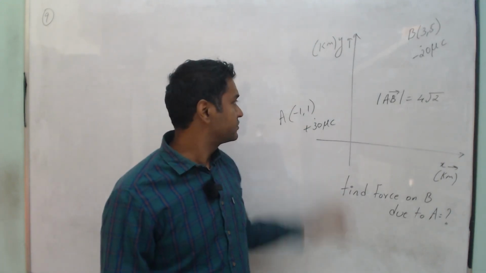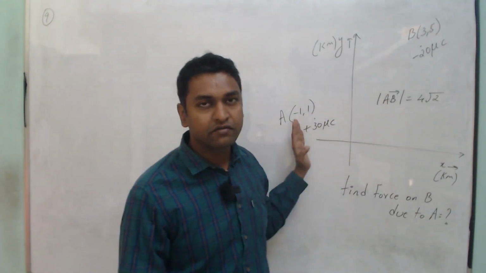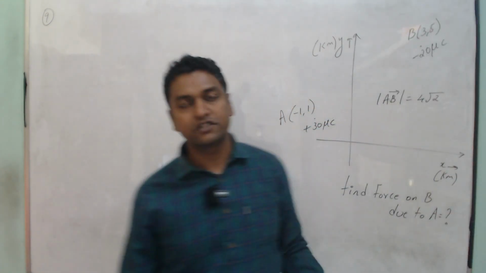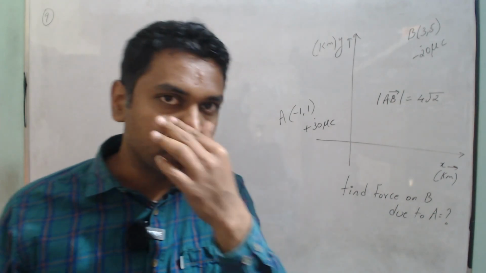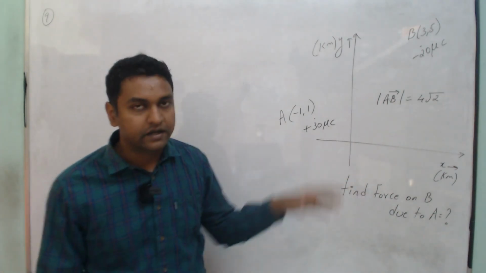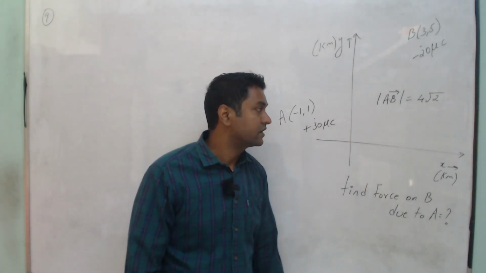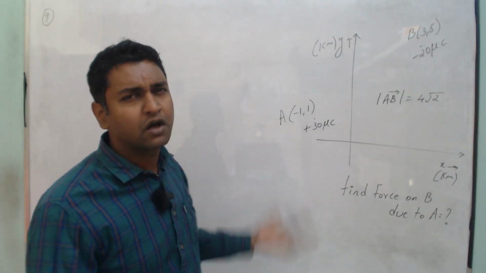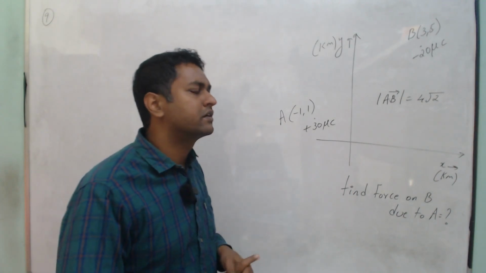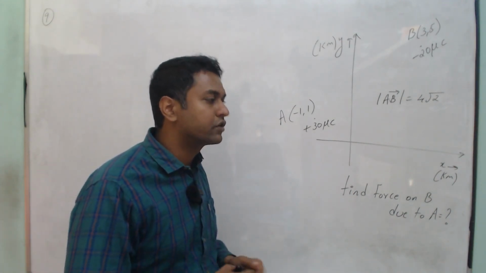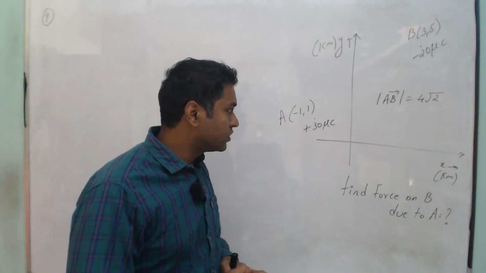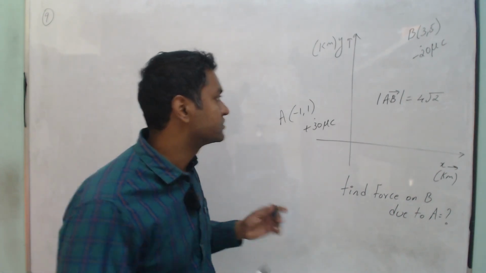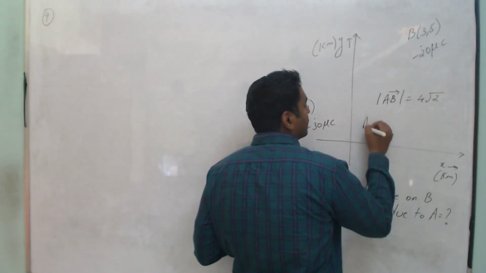So from -1 to 3 I have to take 4 steps, and from 1 to 5 I have to take 4 steps. Right angled isosceles triangle, 4 root 2. That way also we can do, depends on how we are more comfortable. So that way also I do some questions, this way also I do some. Now what is AB cap?